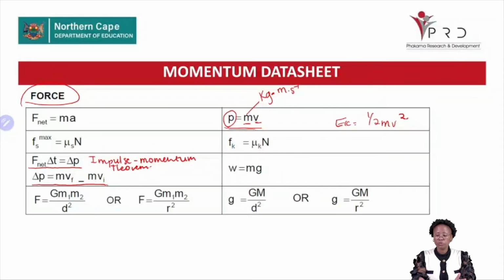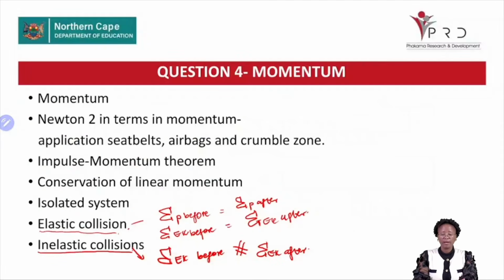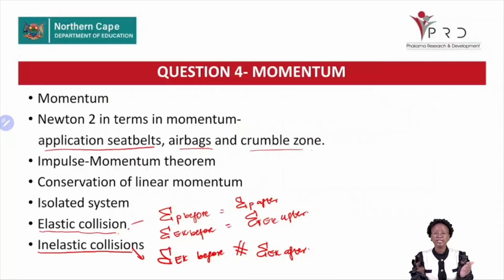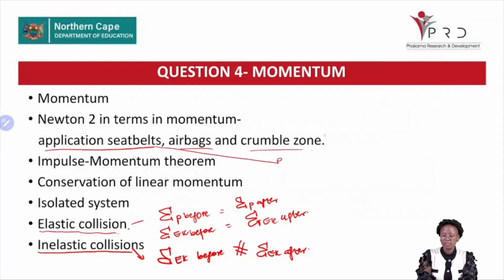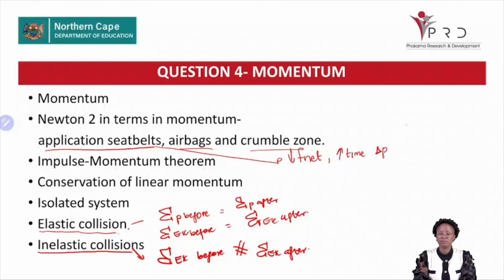Now let's come back here to say, what are the applications of seat belts, airbags, and crumple zones? Why are they important in terms of the impulse momentum theorem? Remember, the seat belts are there to reduce the force of impact by increasing the time of impact, while the change in momentum remains constant.